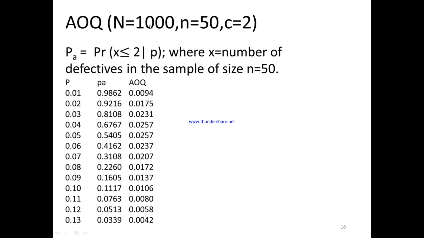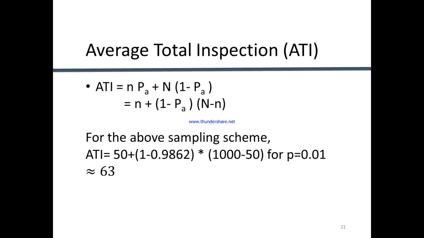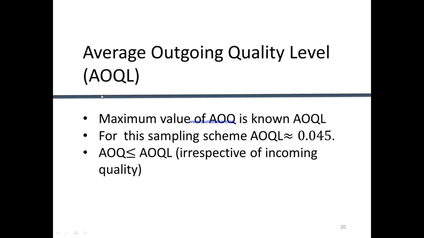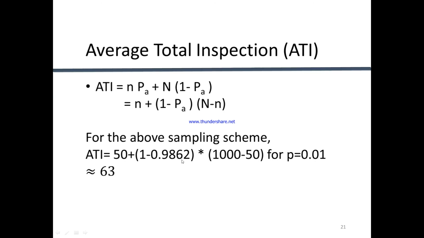So in this case, if you just substitute the values for the above example, here the capital N value is 1000 and the small n value is 50, and let's say when P is equal to 0.01, the PA value is 0.9862.